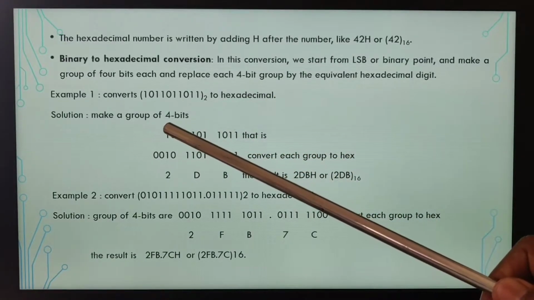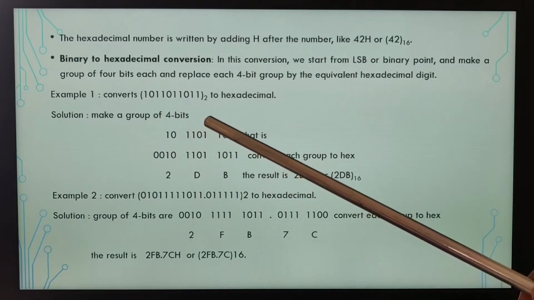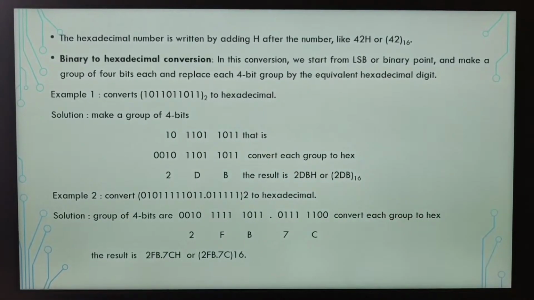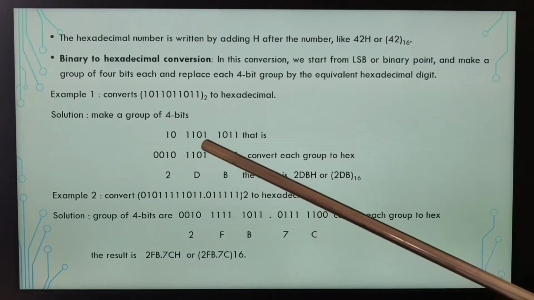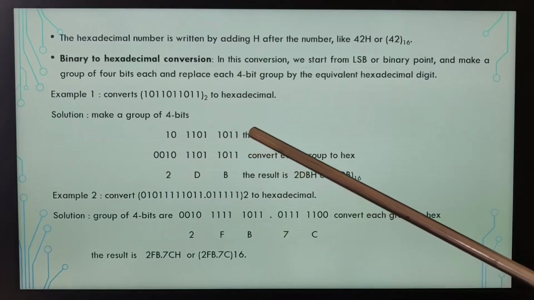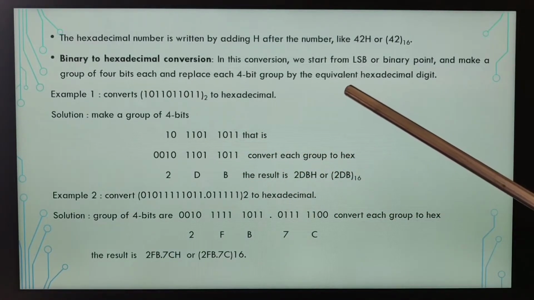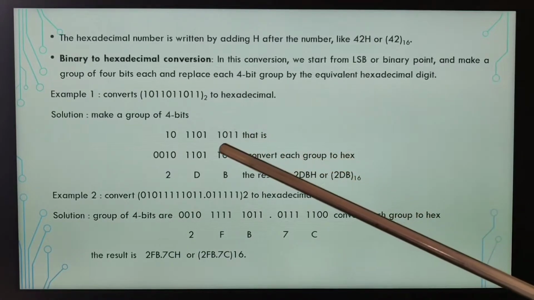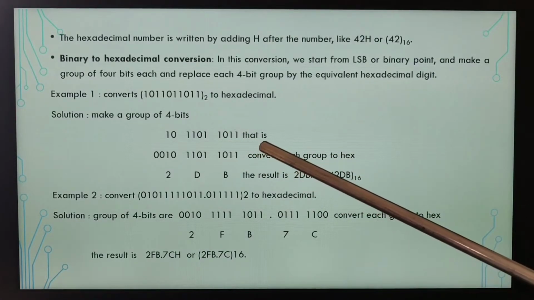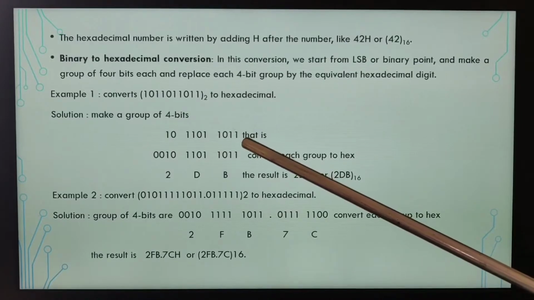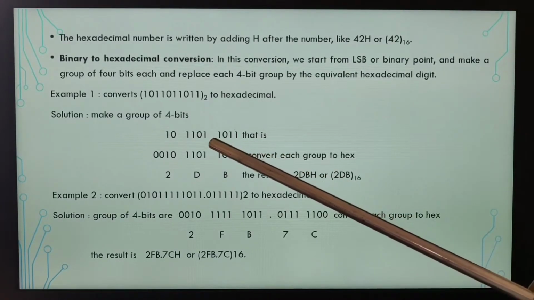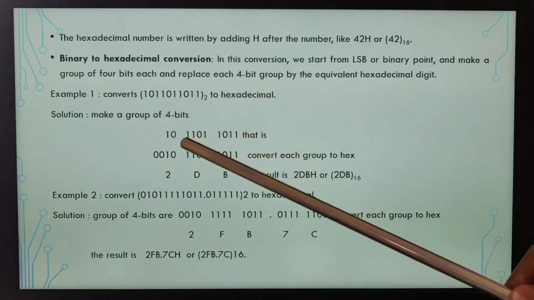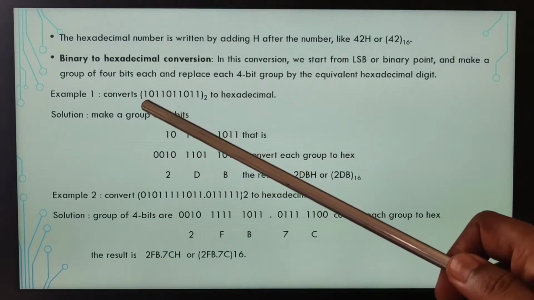Solution: we have to make groups of 4 bits. We start from the binary point to the left side, then we make groups of 4 digits, that is 1101, 1011, then 0101.